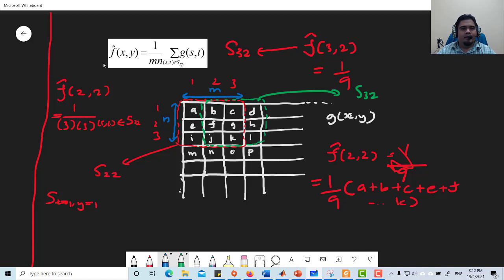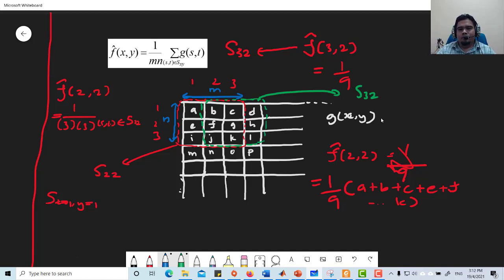So if you want to find F22, the surface is S22. If you want to find your F hat 32, then the surface will become S32. So that's how the movement mechanism of that window works.